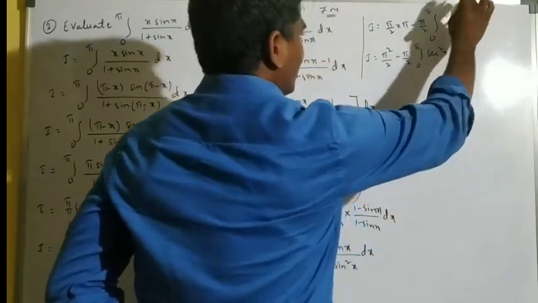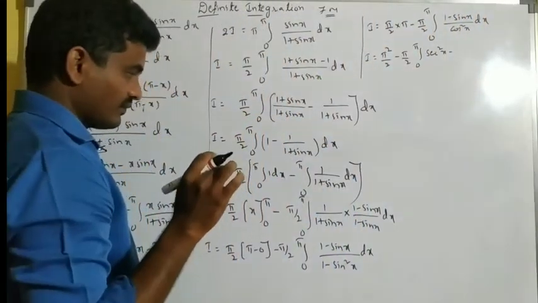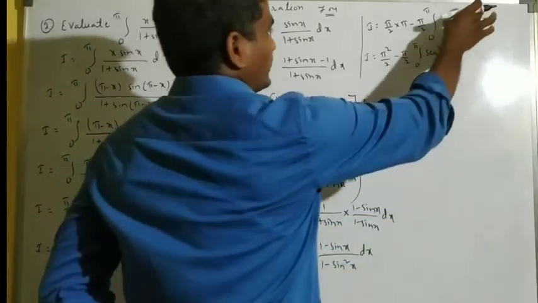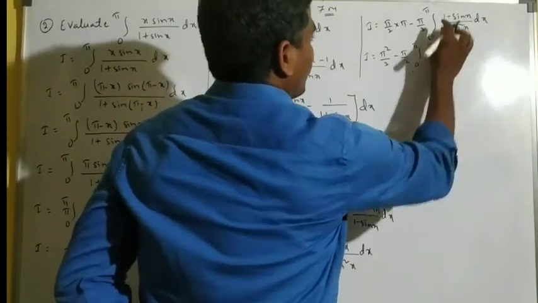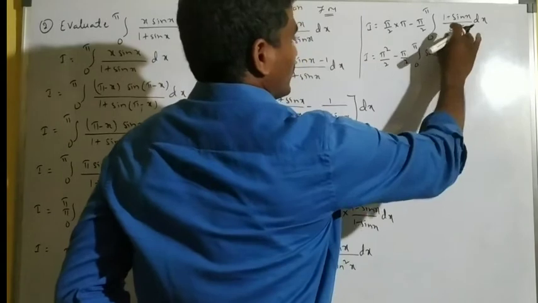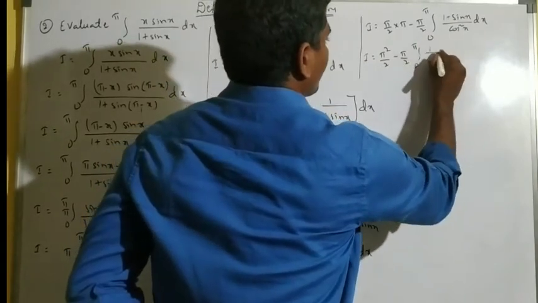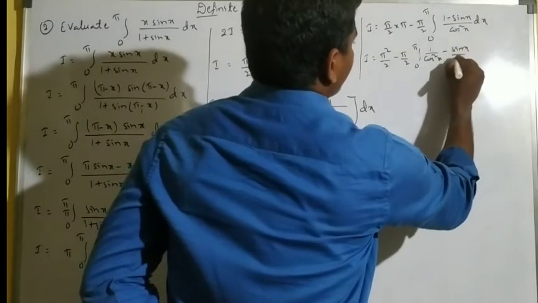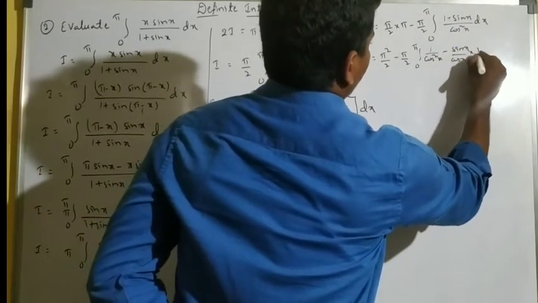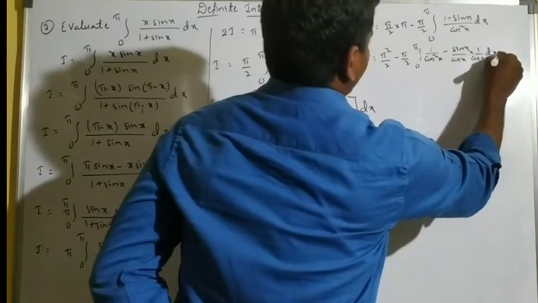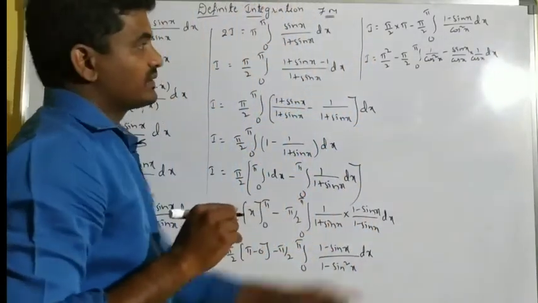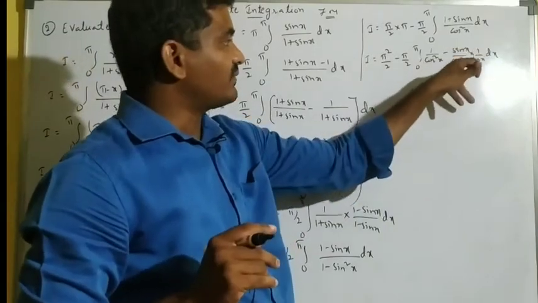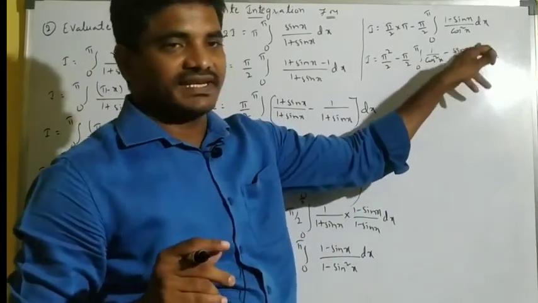And next we get sin x by cos x. Actually, I am going to write this completely: 1 by cos square minus sin x by cos x into 1 by cos x, dx. Sin x by cos x is tan x, and 1 by cos x is secant x.